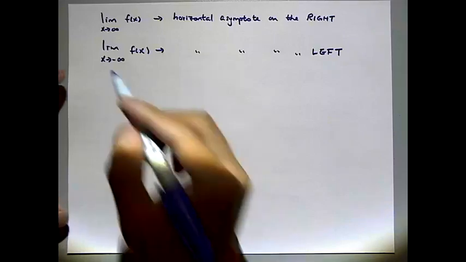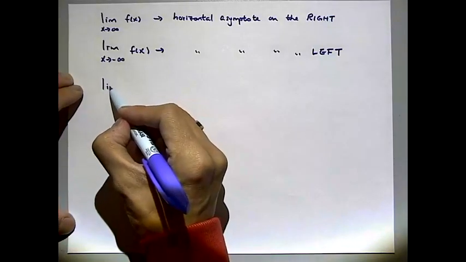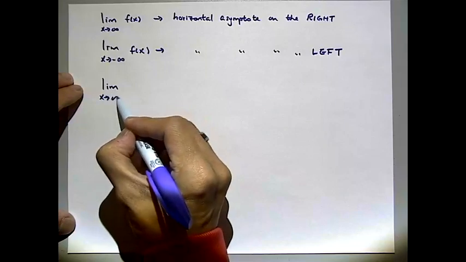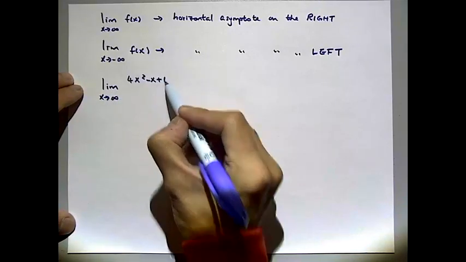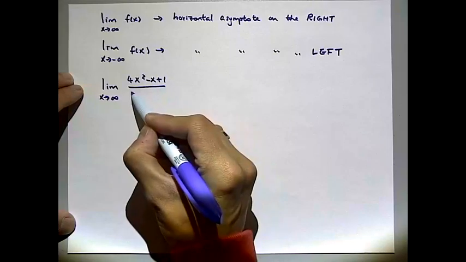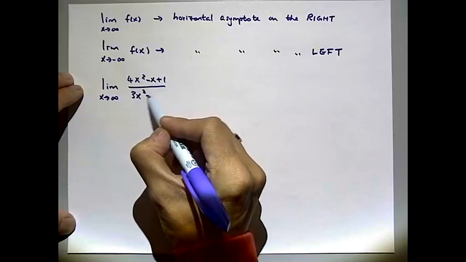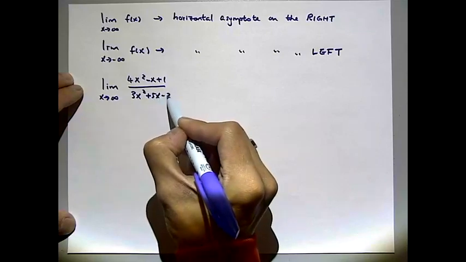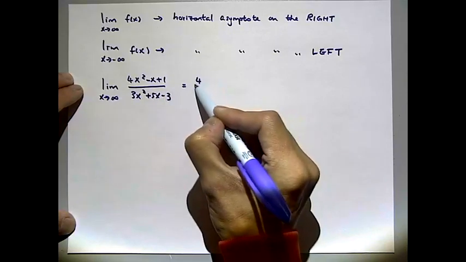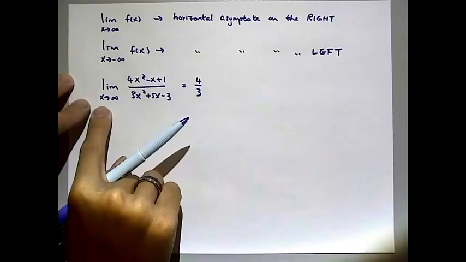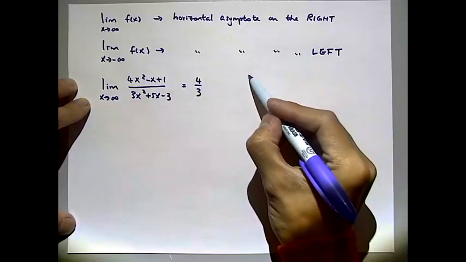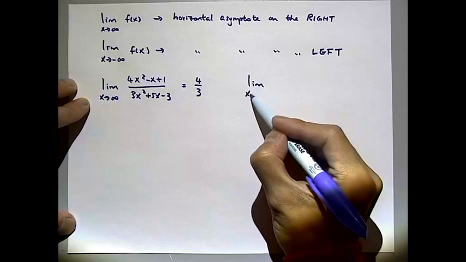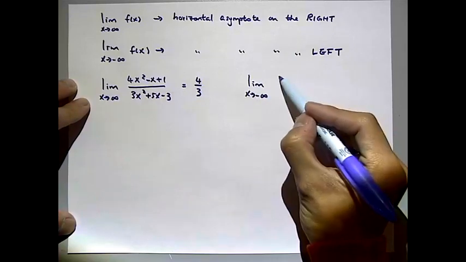Okay, so the example we just did, we found out that the limit of that function, whether we go to infinity or negative infinity, turned out to be 4 over 3.